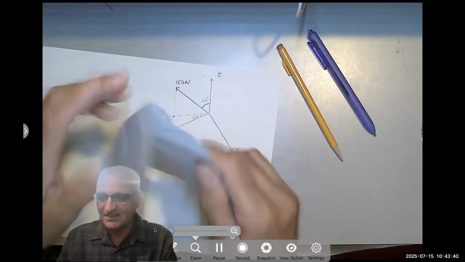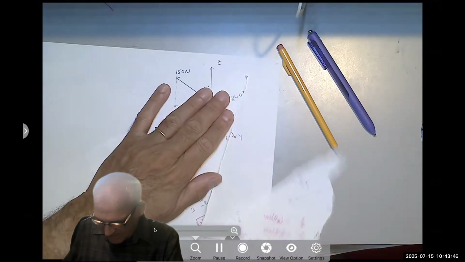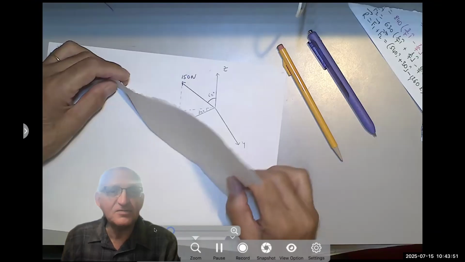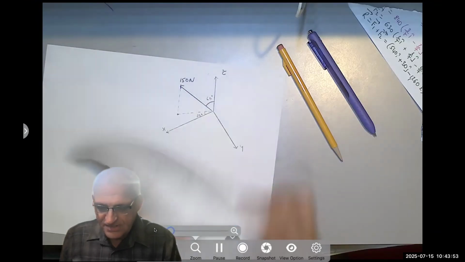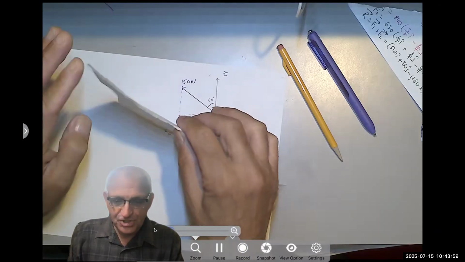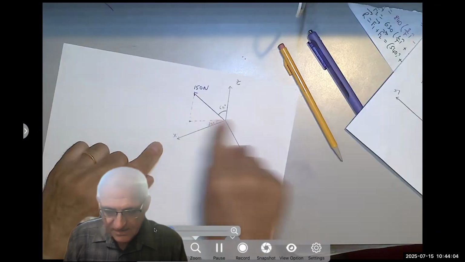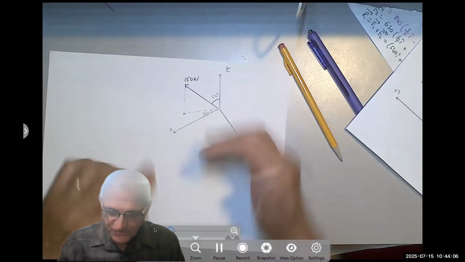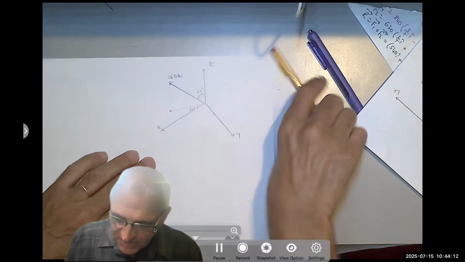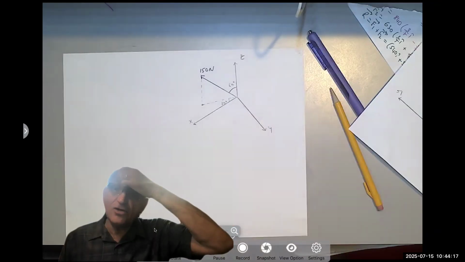So it's a line like that in space. The force is this line, and I can project it, and it would be the bottom line, which is that. And this is the height. So this force, I can project on the XY plane, and at the same time, I can project it up to find the Z component.